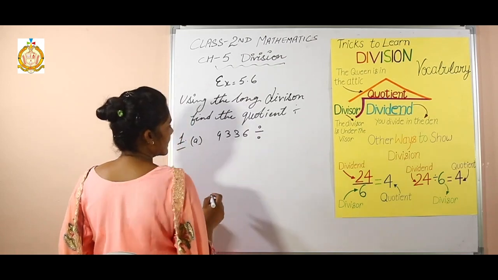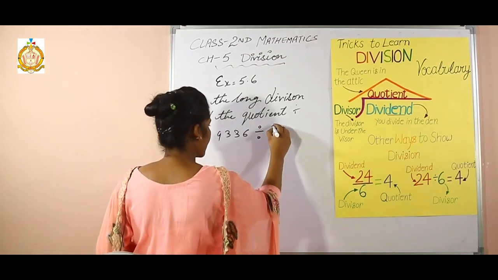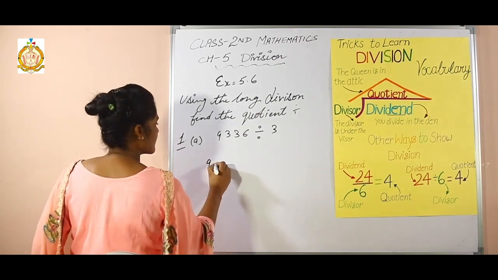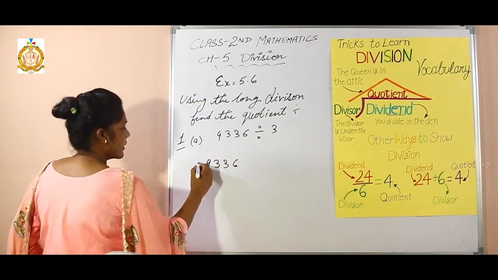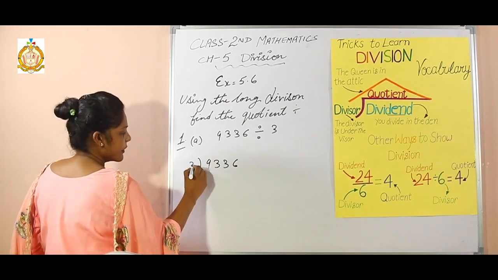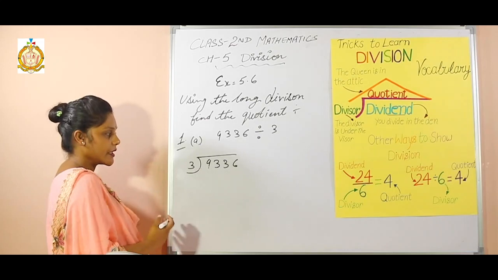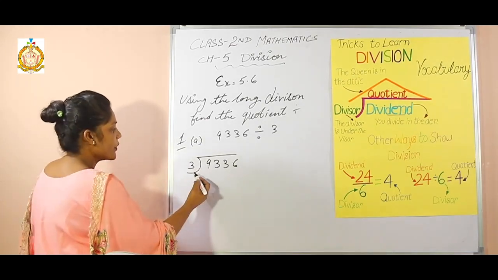9336 divided by 3. These numbers we are dividing by 3. So again the same method we can use to solve this sum.